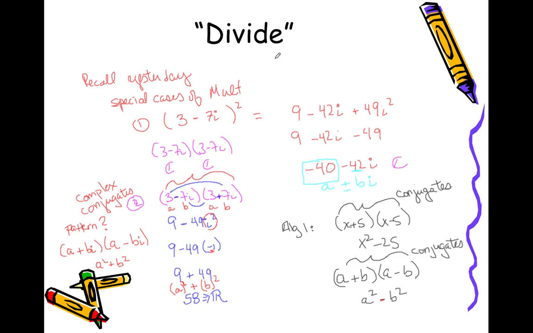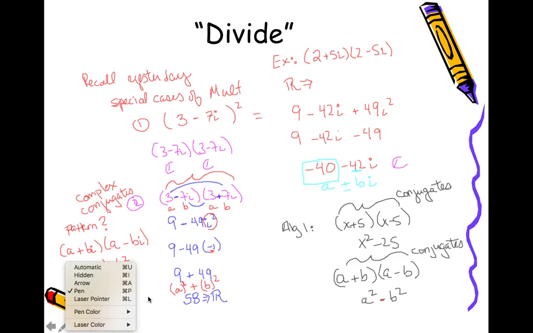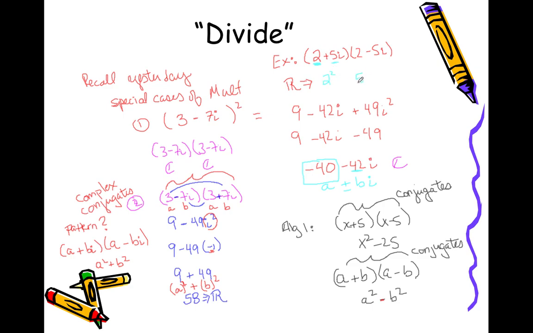Let's do an example up here. Can you quickly tell me what the result would be if I have 2 plus 5i, well, let's do plus this time, because it doesn't matter, right? And 2 minus 5i. Multiply those together. What do you get? Firstly, you're going to get a real number. And that real number is going to be 2 squared and 5 squared, right?